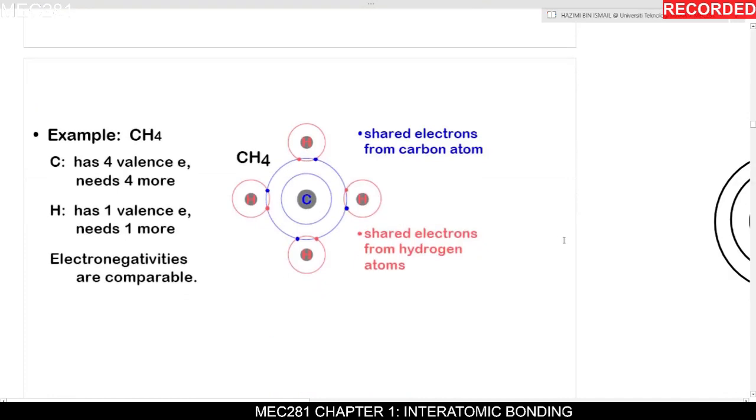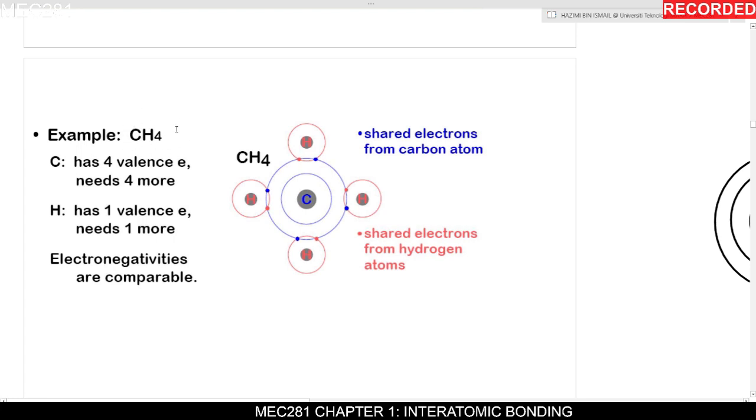So these are examples of how atoms share electrons to form covalent bonding. Let's say we have methane here, CH4. In real life we call it natural gas.